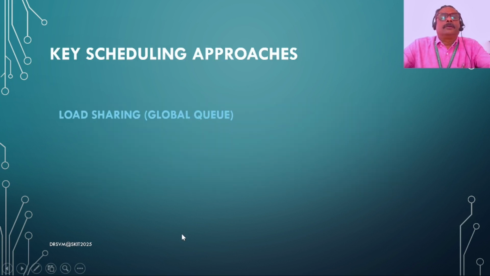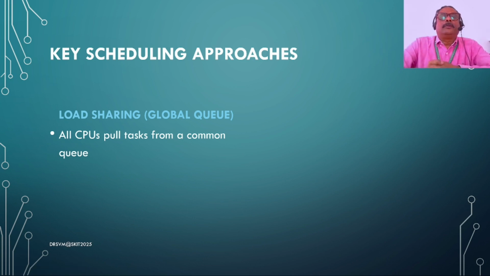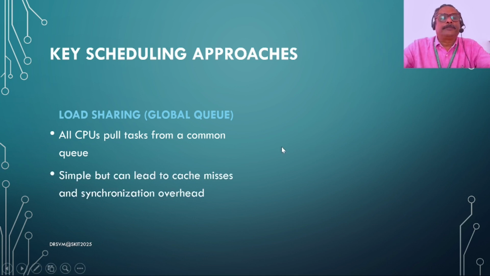Now the various approaches for scheduling. One is load sharing, where we have a global queue. Here all CPUs pull tasks from a common queue. So there is one common queue where, when any process or thread comes up, it is put on the queue, and whichever CPU becomes free pulls the next available process from the queue.